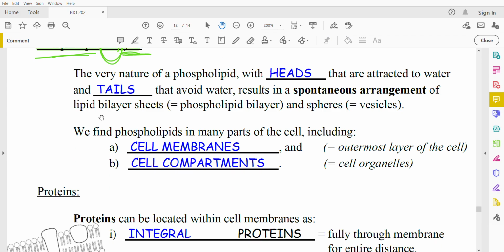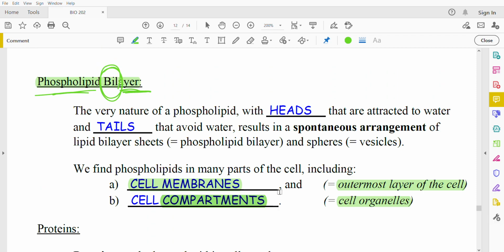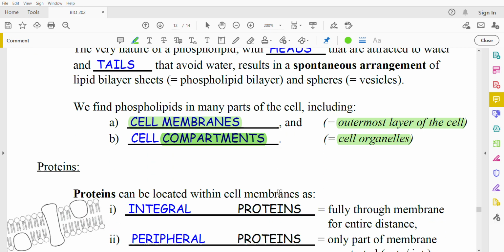And we find phospholipid bilayers, of course, as the outer layer of the cell membrane, that forms the outside of the cell, but also around cell organelles. It was this that on eukaryotic cells, we found these compartments within the cell as well. And that's thanks to these cell membranes.